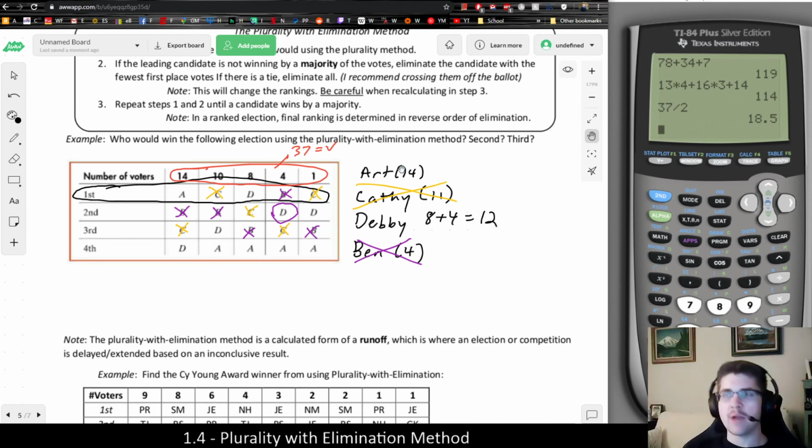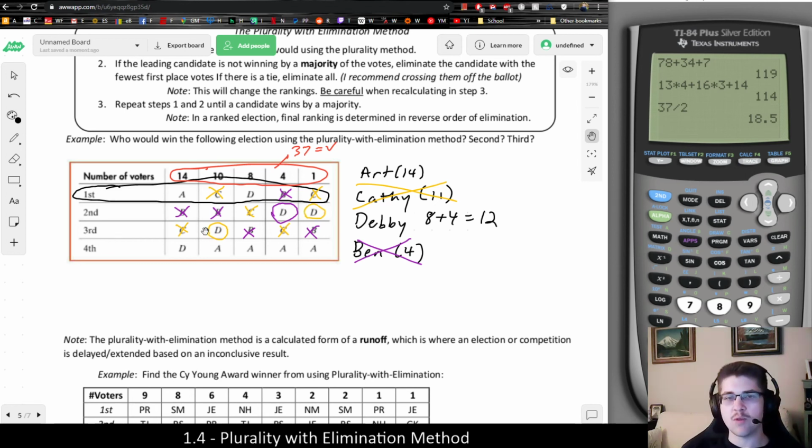The important thing with this method is, after eliminating a candidate, make sure to assign their first place vote to whoever is next. Notice with these 10 voters, they had Ben second, but he's already been eliminated, so they're down to their third option. They're probably not too happy about that, but that's just the way the cookie crumbles with this method.